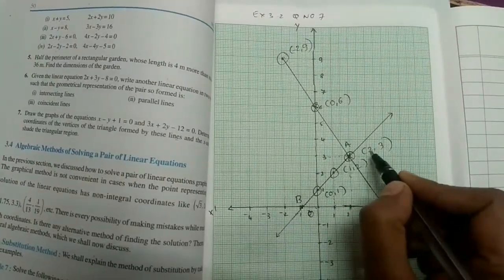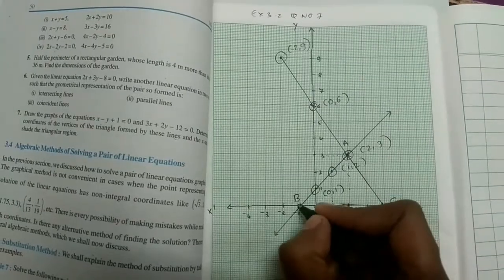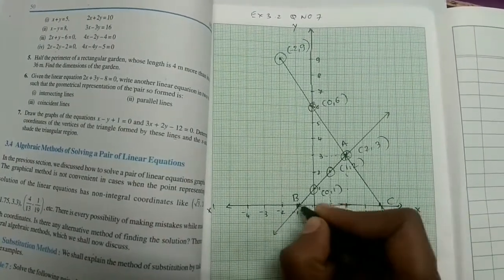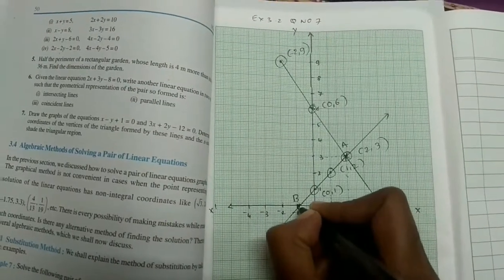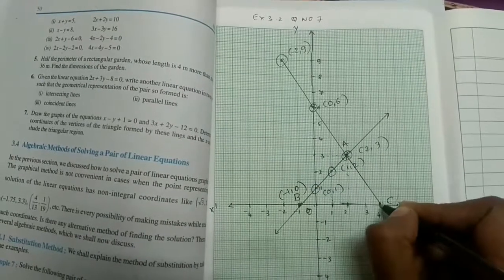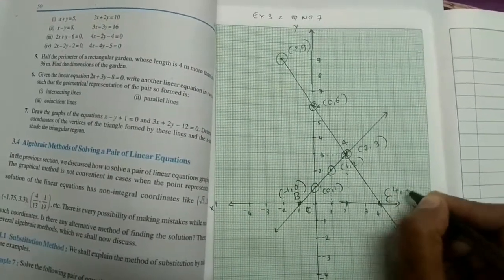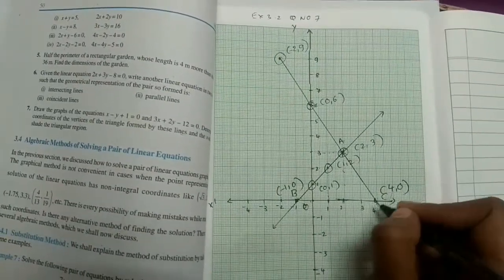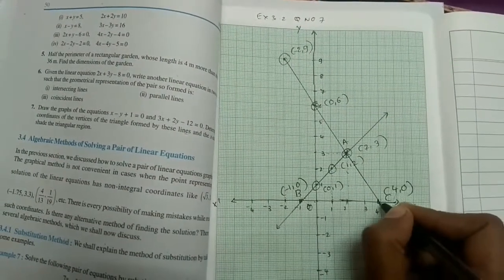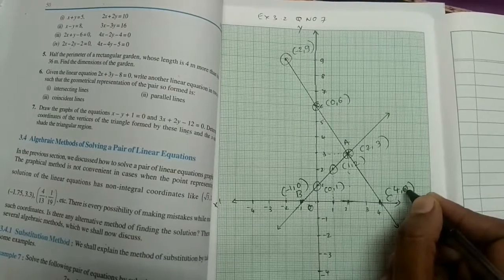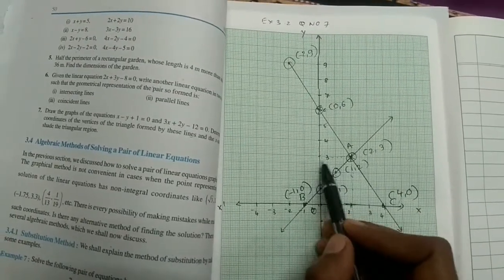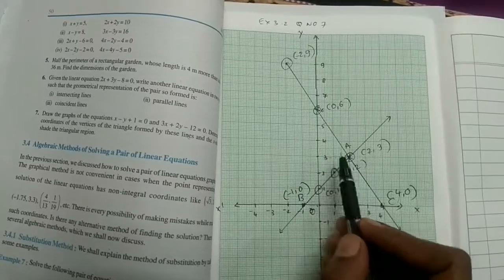For point A we have 2 and 3. Then for vertex B, what are the coordinates? Here the x value is minus 1 and y is obviously 0: minus 1 and 0. And here the x value is 4 and y is 0. Remember, whenever the point is on a particular axis, say it is on the x-axis, the y coordinate will be 0. Suppose a point is on the y-axis, then the x coordinate will be 0.